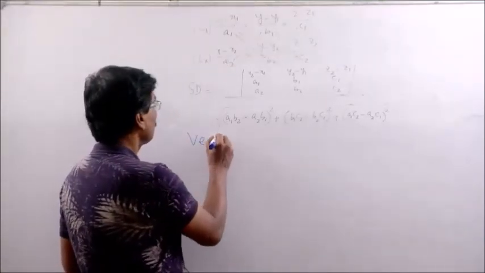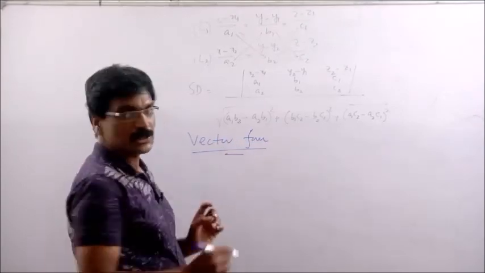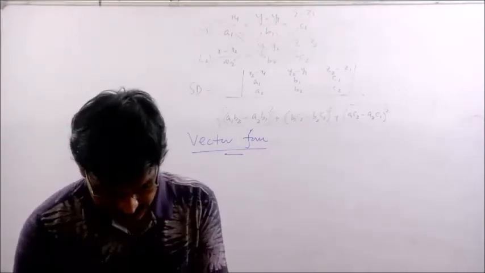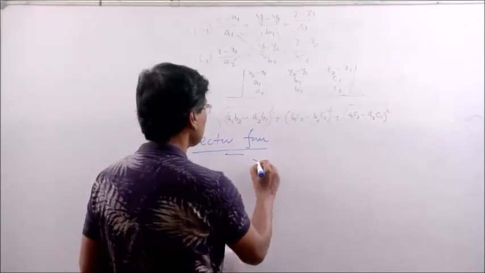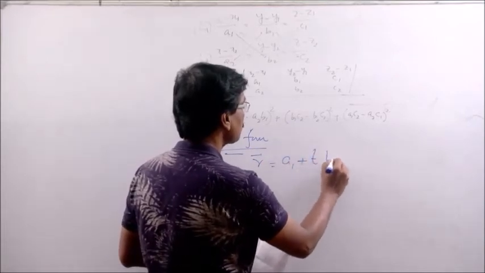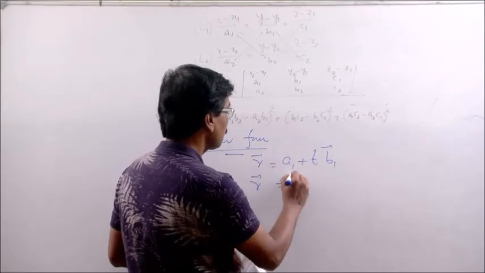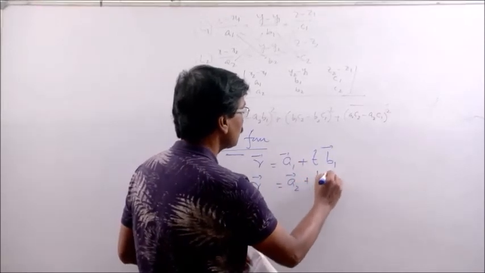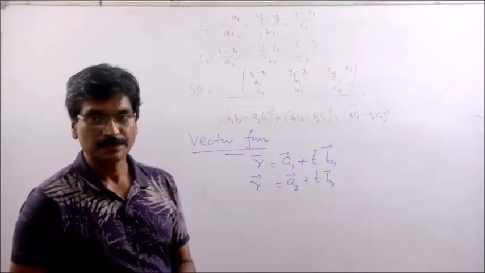In vector form, suppose we have the two lines, that is r vector is equal to a1 plus t times b1, and r vector is equal to a2 plus t times b2, the two lines in vector form.